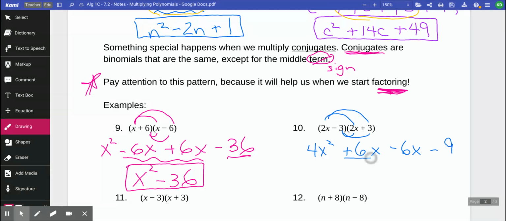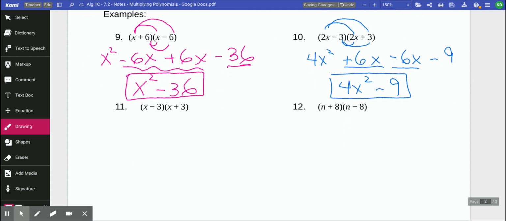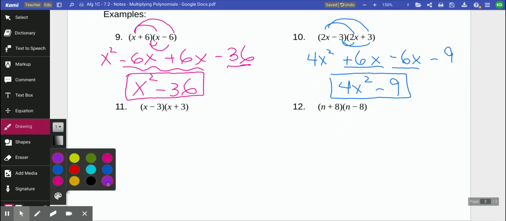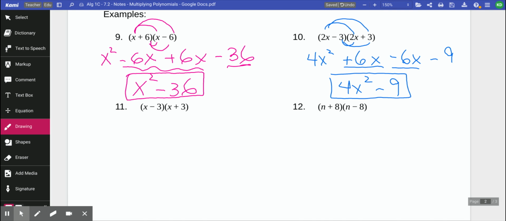Again, these middle terms are going to cancel out, leaving just 4x squared and then minus 9 at the end. And we call this resulting pattern the difference of two squares. x squared and 36, 36 is 6 squared. 4x squared minus 9, 4x squared is a perfect square, 9 is a perfect square.